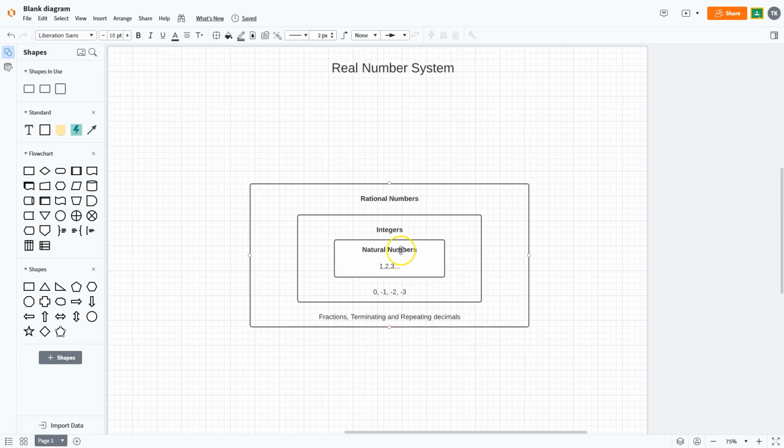So any natural number is also an integer, and it's also a rational number, because I can take any natural number like 3 and put it over 1, and now it's a fraction. I can take any integer like -2 and put it over 1, and now it's a fraction. So all of these integers and natural numbers are also fractions, and so therefore they are also terminating decimals, because their decimal doesn't go on forever.